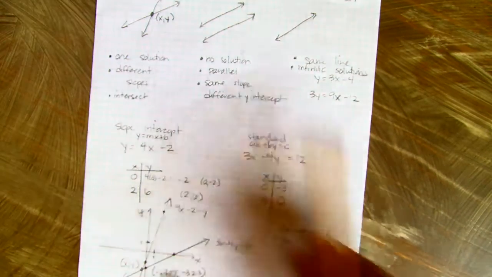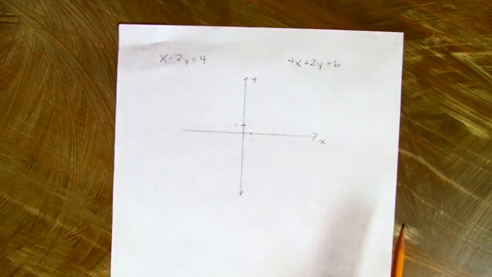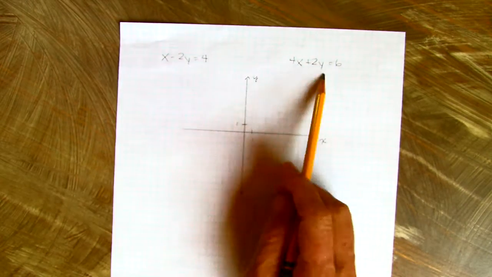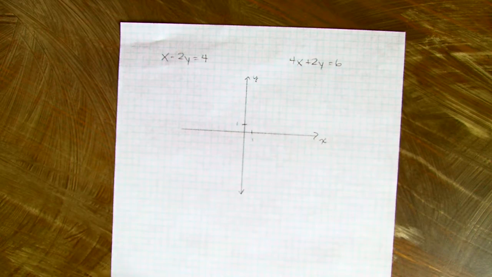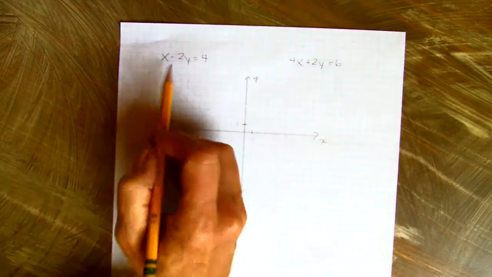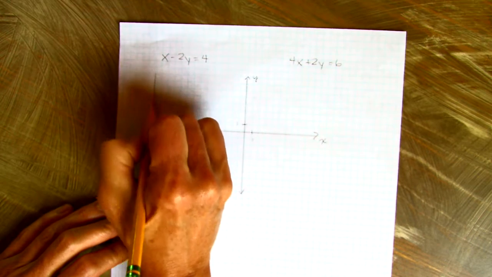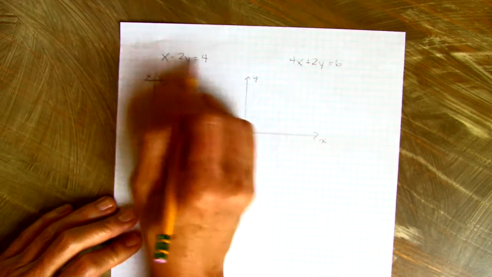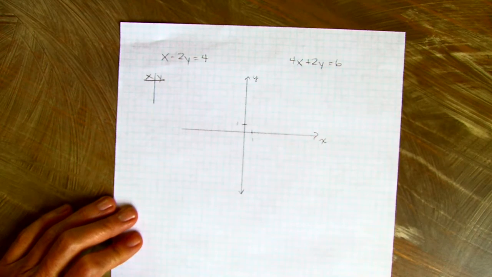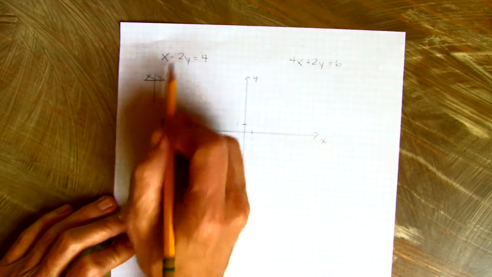The example I'm going to use is these two lines: x minus 2y equals 4 and 4x plus 2y equals 6. If the numbers are nice, a convenient way to graph an equation in standard form is to find each intercept.